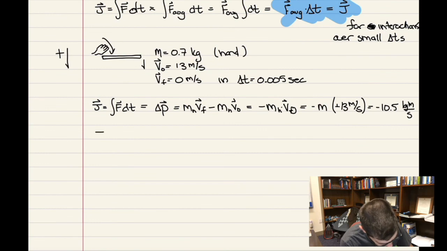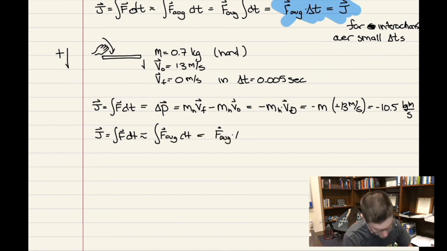So in that case, while this is always true, I'll approximate this as an average value over some time. So I can write this as F average times delta t.